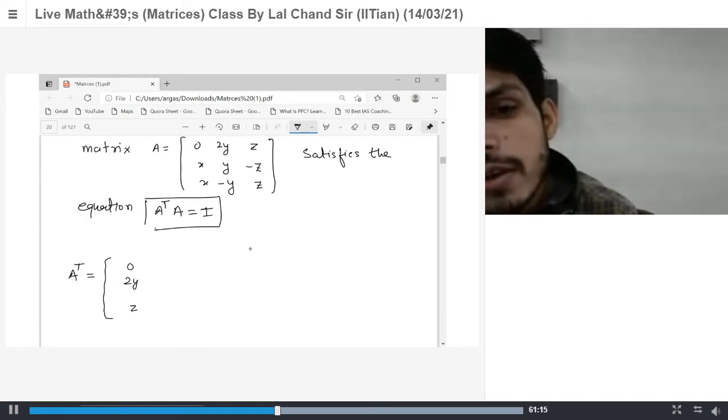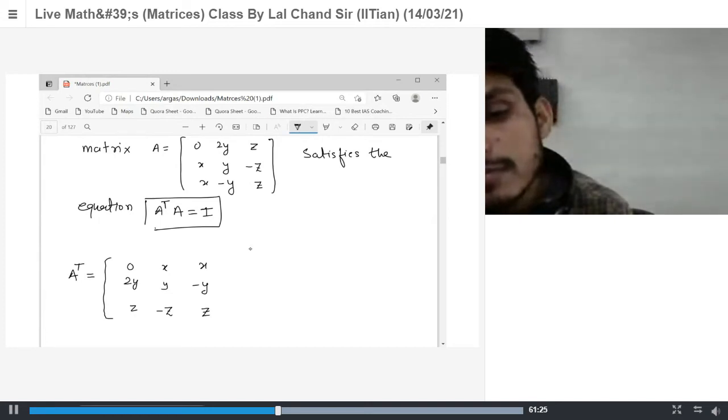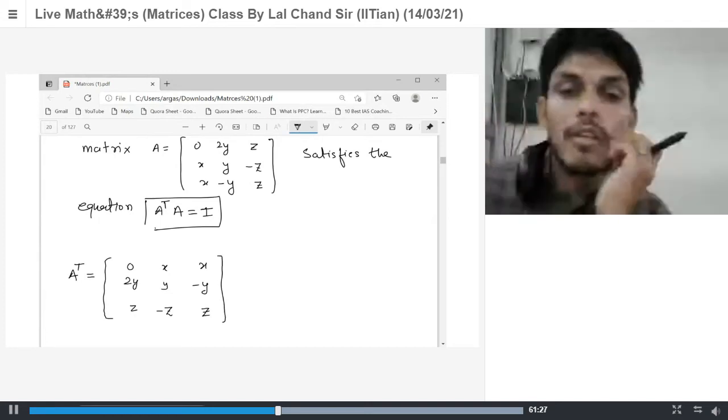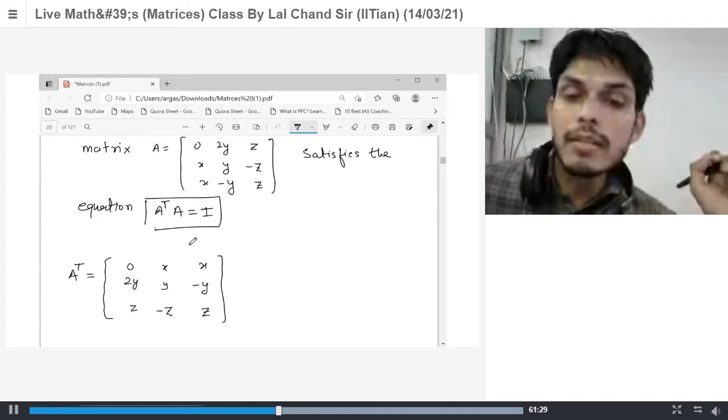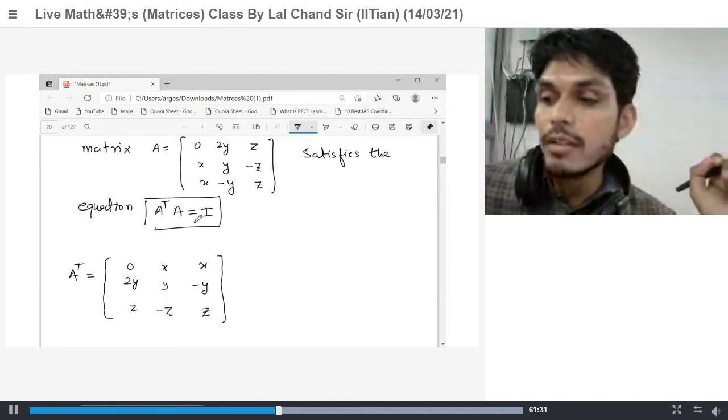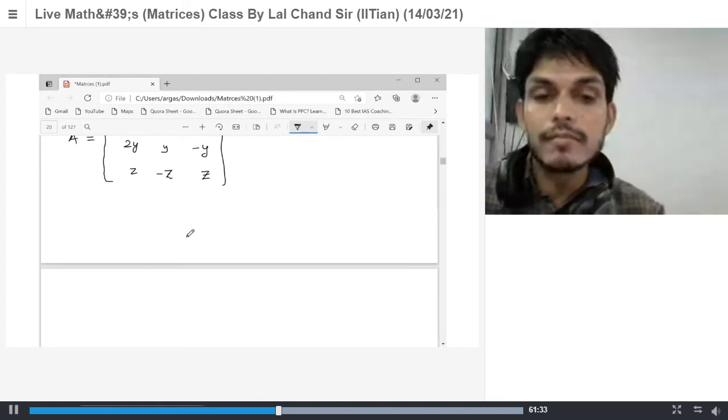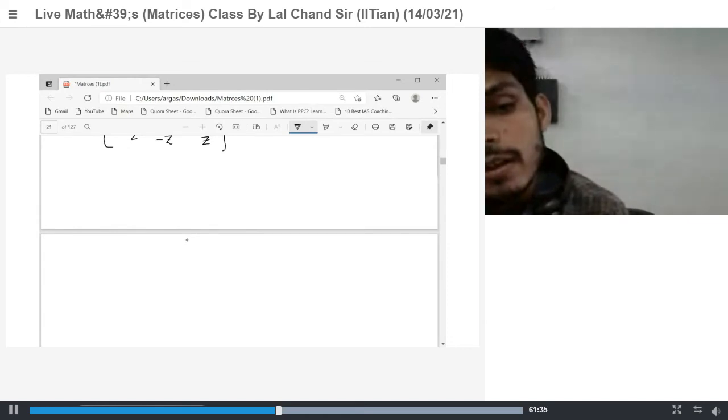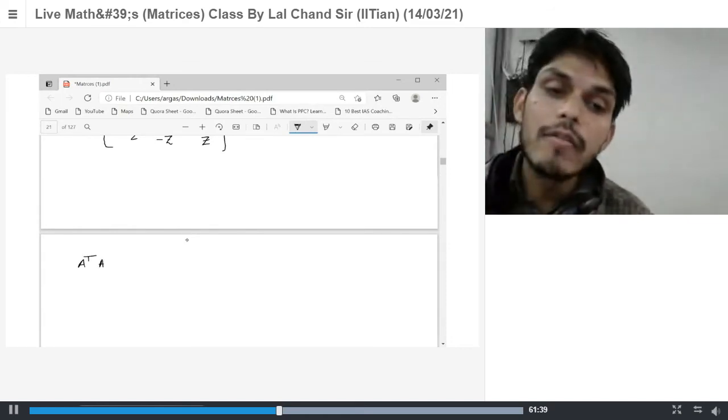So here I have x, y, minus z, x, minus y, z. Okay, so now if I multiply, try to find out this product, so I can write A transpose into A. So what is the value of A transpose?